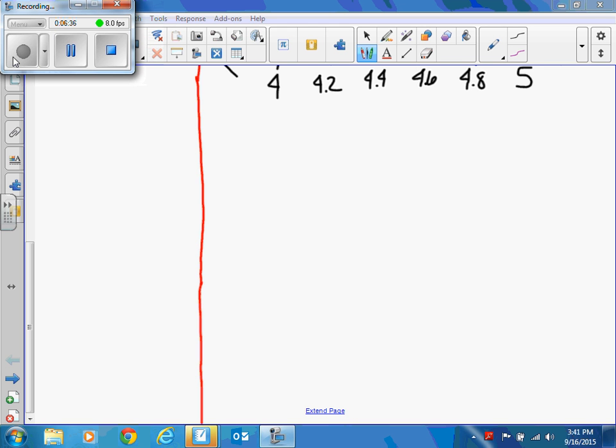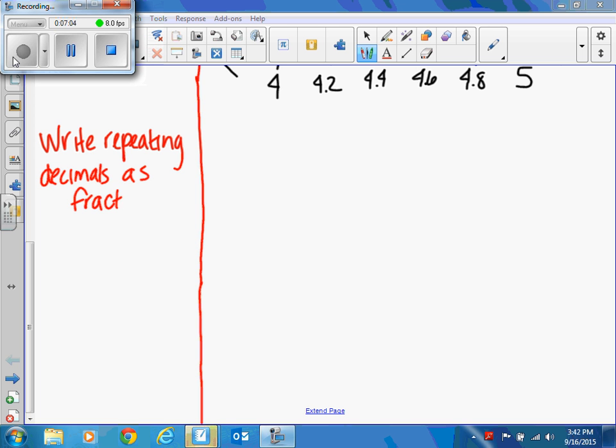So like I said, we're going to now look at writing repeating decimals as fractions. We're writing repeating decimals, not fractions, decimals as fractions.